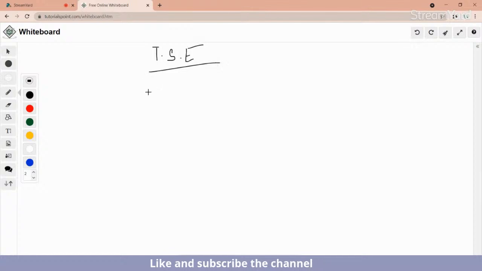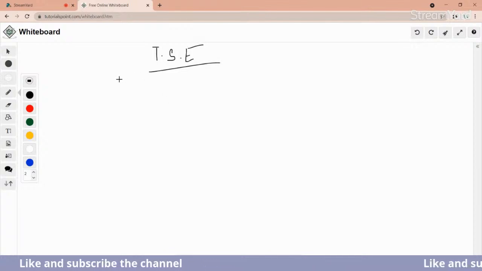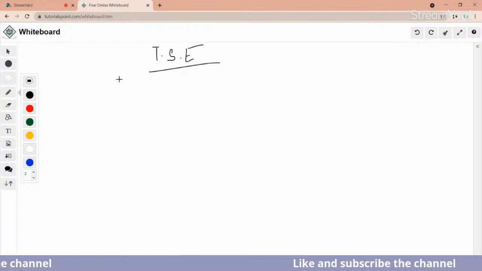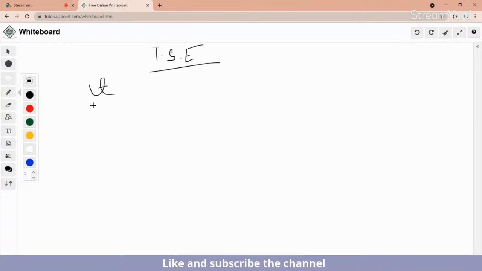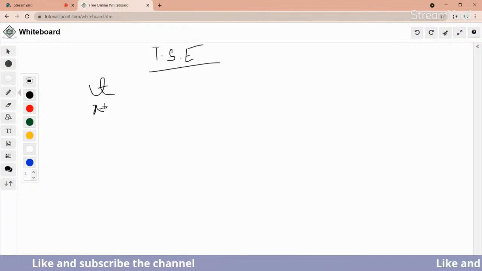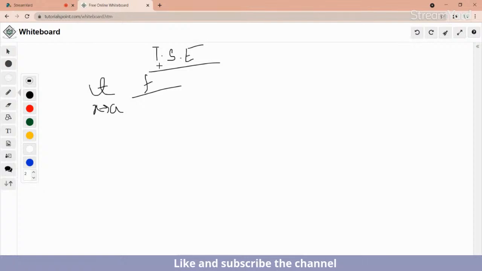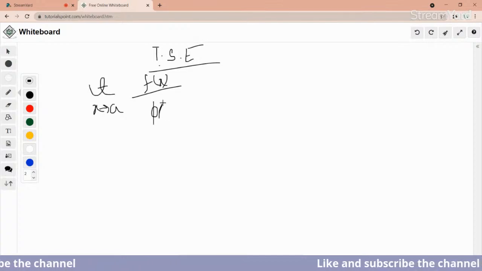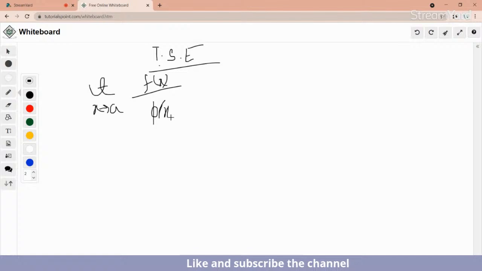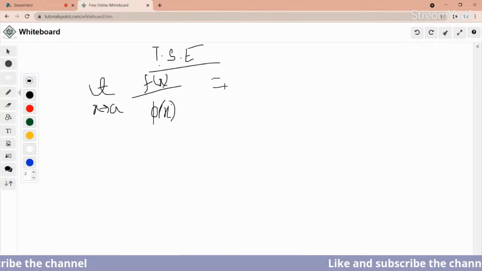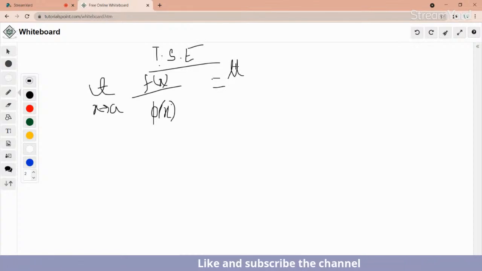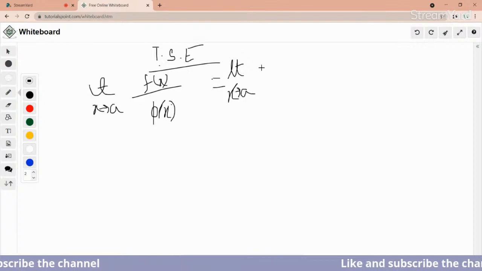We'll put limit x tends to a, f of x by phi x, which gives limit x tends to a, f of a.